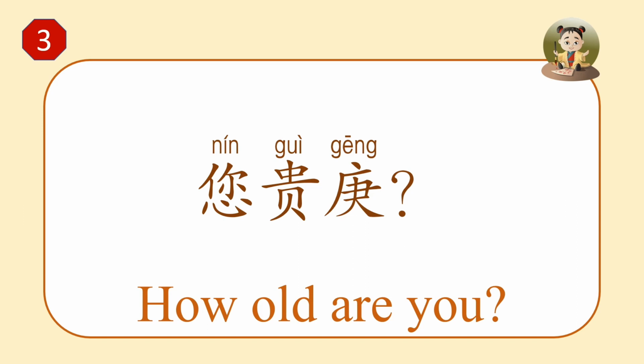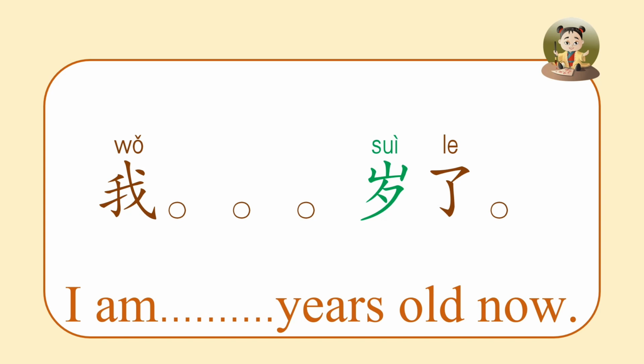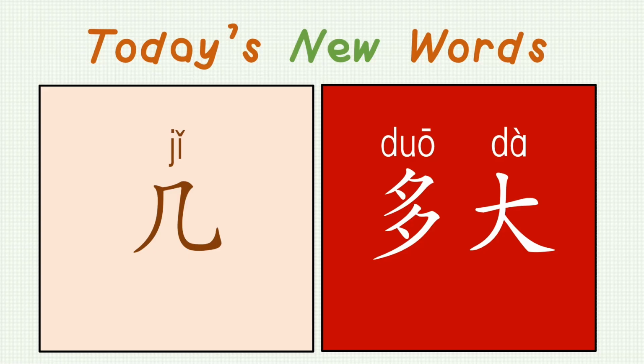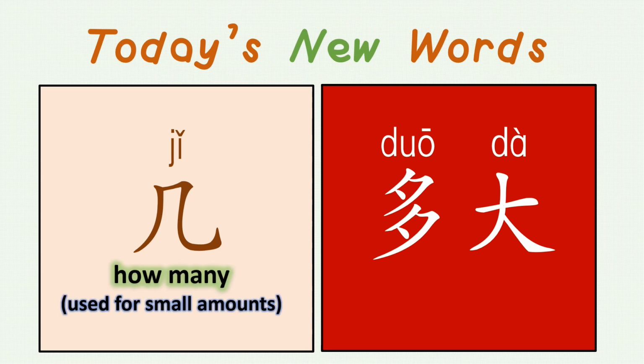And the response, 我 plus the number 岁了. I am so many years old now. Last but not least, today's new words, 几. 几 means how many. It is used for small amounts. And 多大 means how old.